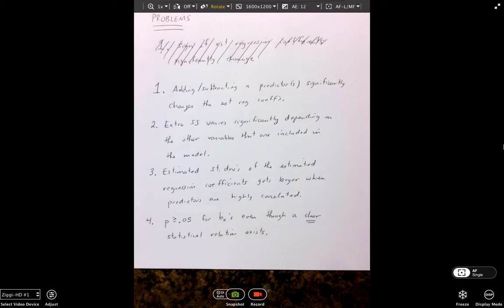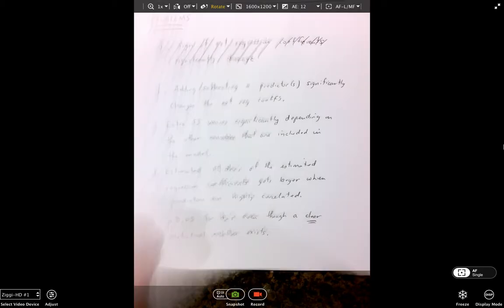There may be a clear relationship between x1 and our dependent variable, but the p-value ends up greater than 0.05 because of multicollinearity.